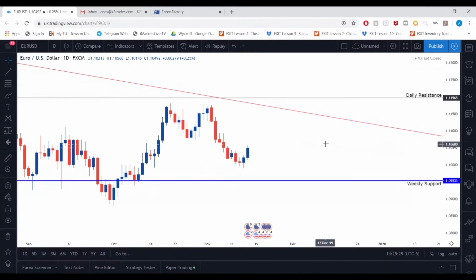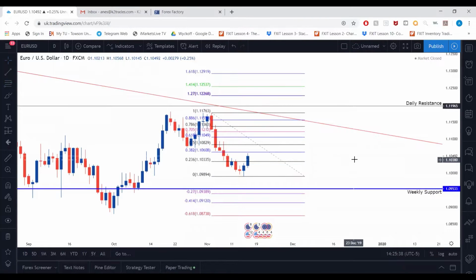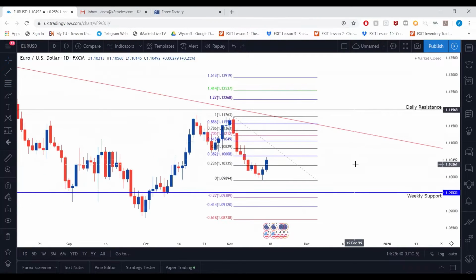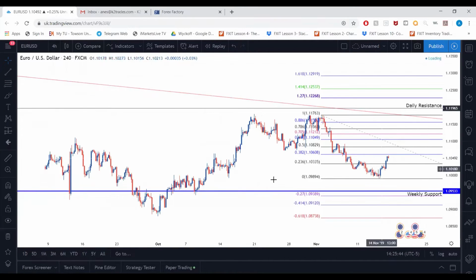So going on a daily, it will be interesting to see. Let's just see this correction on a daily. So far only 38.2. It's 4 hour.